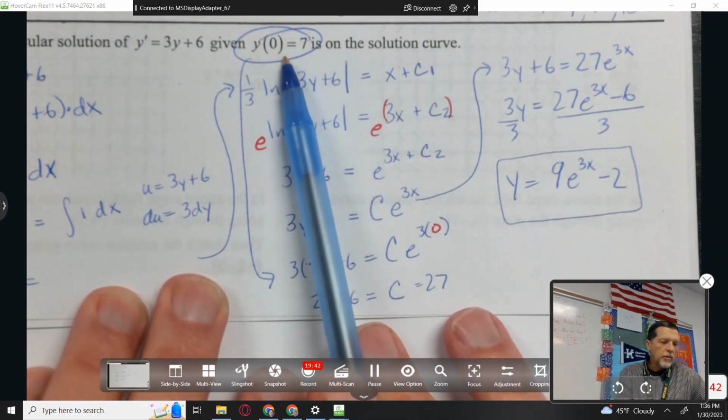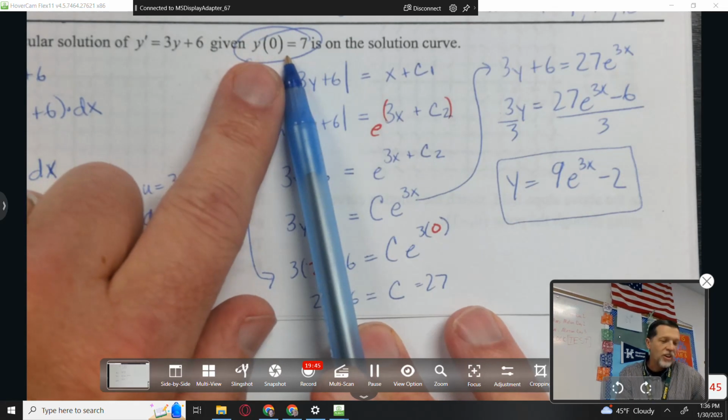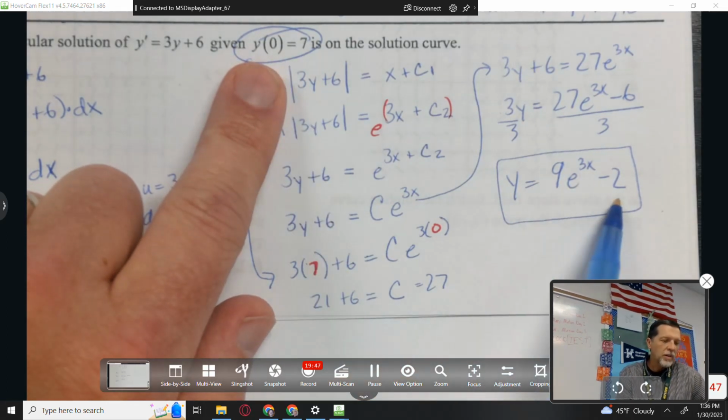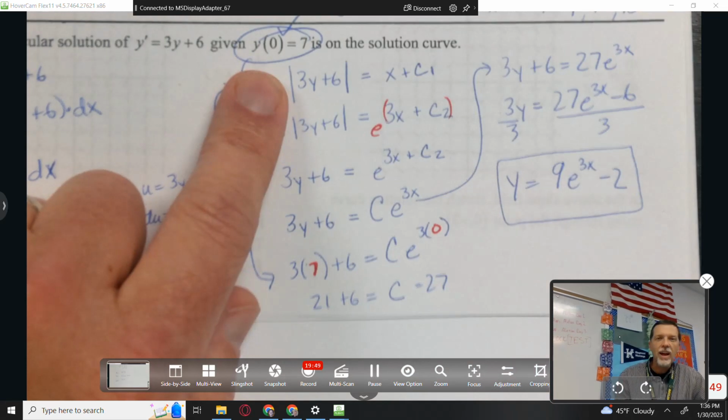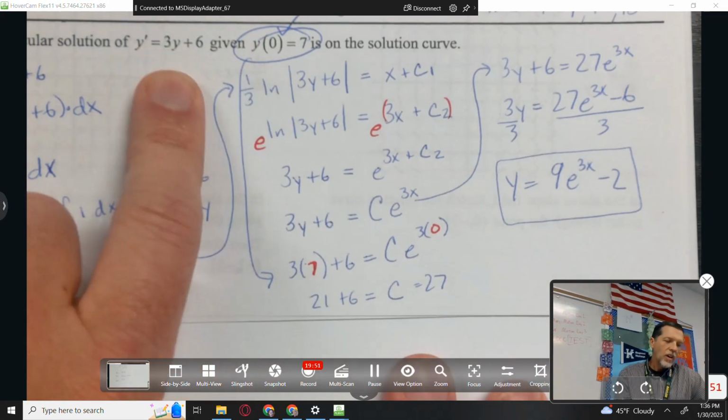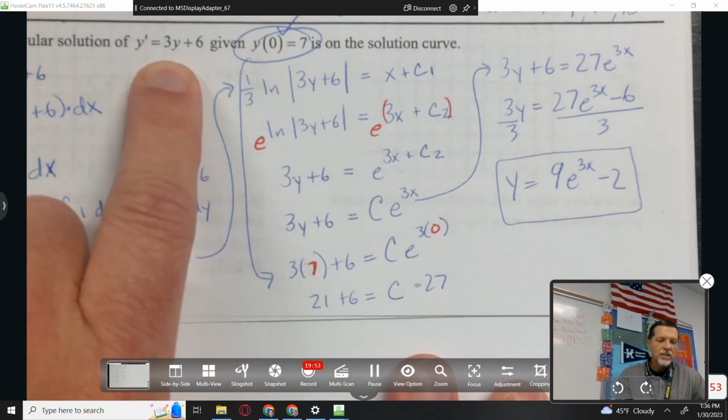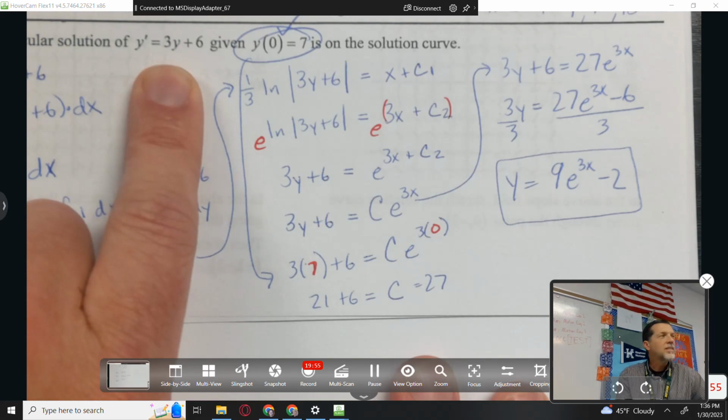Let's see. I'm going to check 0, 7 because that's an easy check. I plug in 0, 9 minus 2 is 7, so I feel good about that. Checking this one in the differential equation wouldn't be awful. I don't really want to, but it wouldn't be terrible.